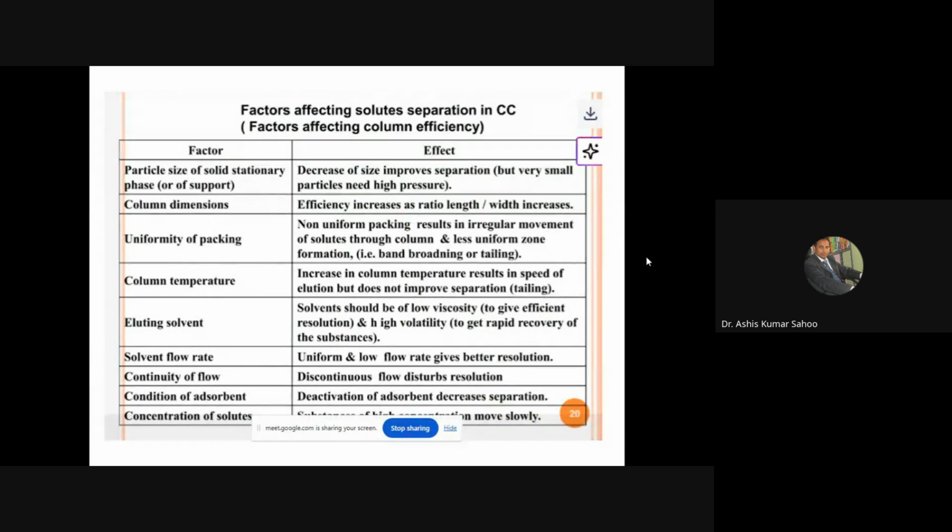The packing should be uniform, the column temperature should be maintained, and the eluting solvent should be chosen. The solvent flow rate can be low, uniform or fast, and the flow should be continuous. Also the condition of the adsorbent: what adsorbent will be taken, and the concentration of solutes.